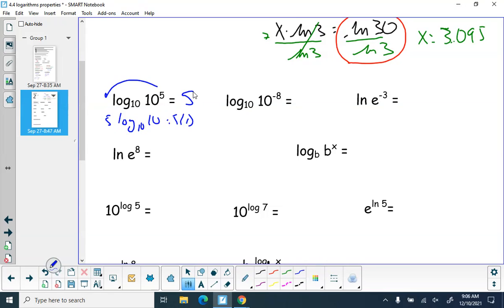So if I take the ln of e to the 8th power, when I'm dealing with a natural log, that's our log base e. When the bases are equal, they will cancel each other out, or I could take the 8 out front and have the log base e of e, which is a value of 1.